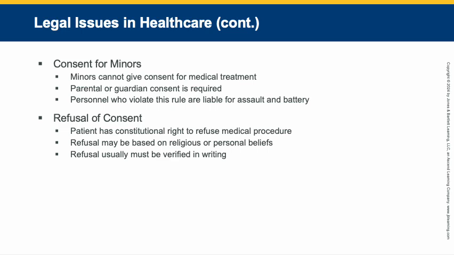So if any question asks you the definition of a minor, all you have to say is not the age of majority, okay? Because it's different everywhere. You can't say less than 18, less than 21. It's not the age of majority. The definition of a minor is anyone who is not the age of majority.